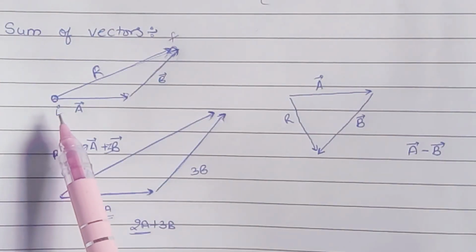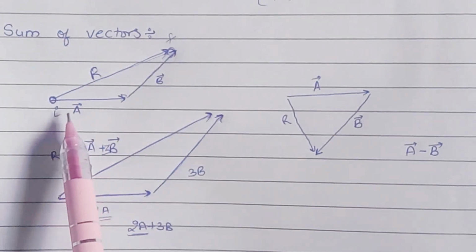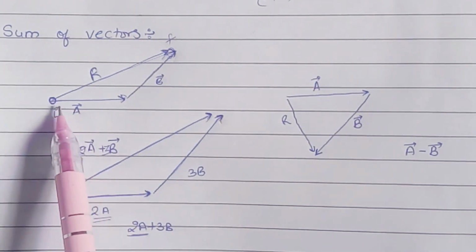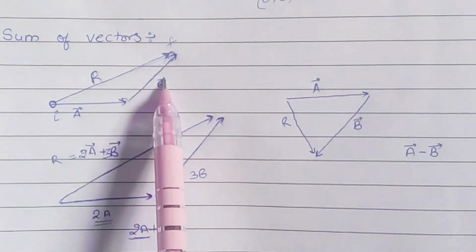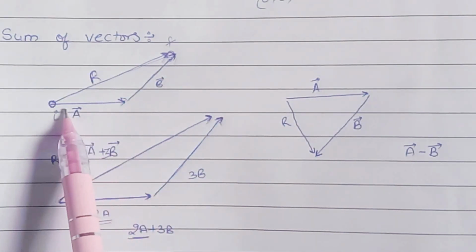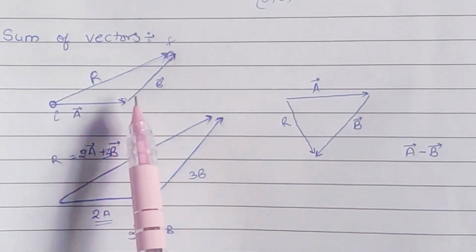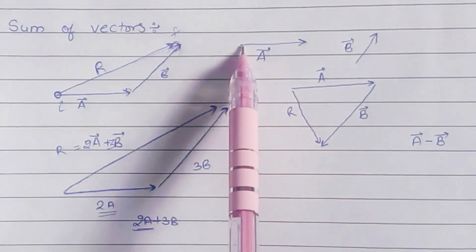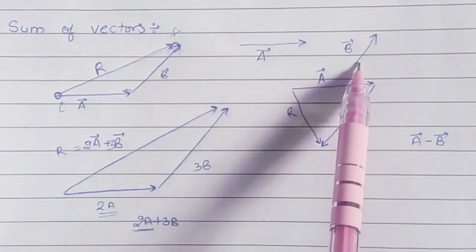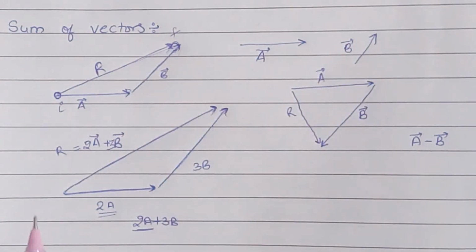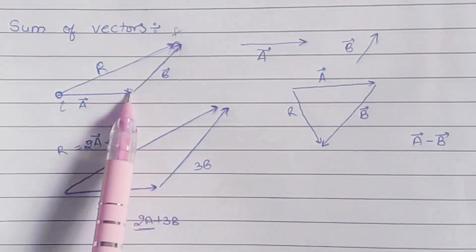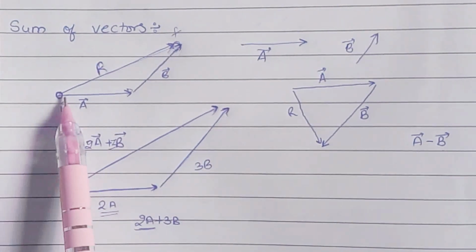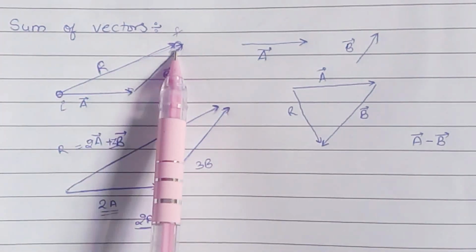Next topic is sum of vectors. If you want to add two vectors, suppose you want to add two vectors named a vector and b vector, you simply have to draw a vector and b vector. In this you are given that a vector is this vector and b vector is this vector. Then you have to connect initial point to final point.